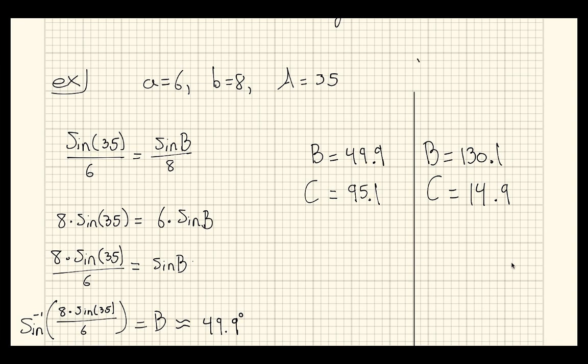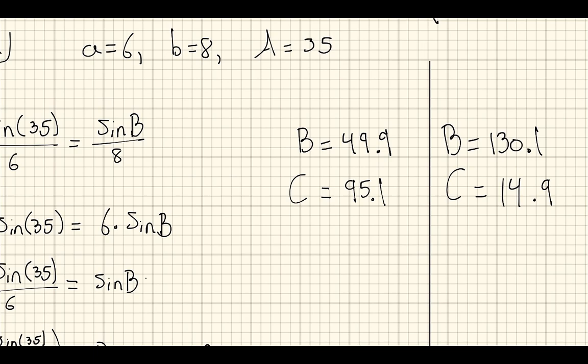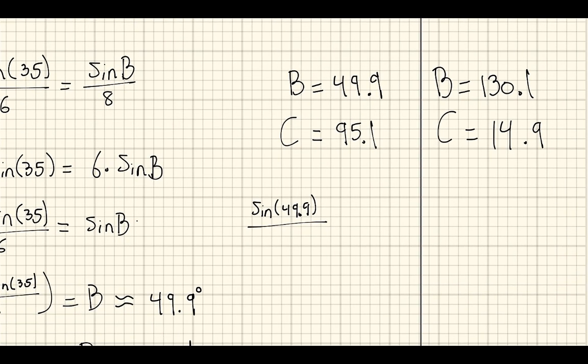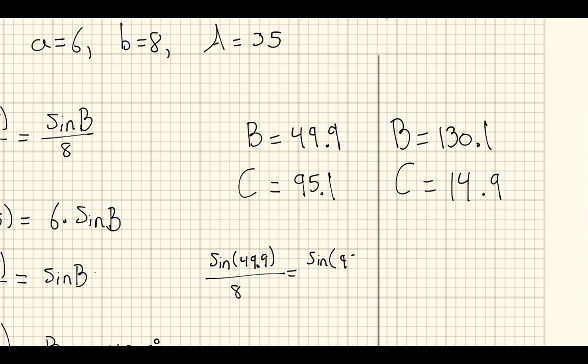So let's go ahead and do law of sines again. The sine of 49.9 over, what was it? B was 8, equals the sine of 95.1 over C. Cross multiply.